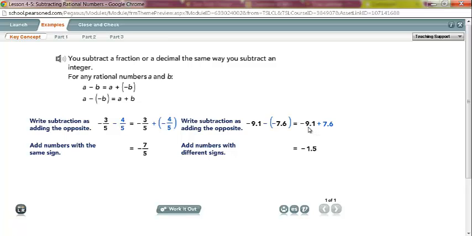That's right, 9.1. So we're going to keep the negative sign, so we bring that straight down. And then you're just looking for the difference between these two. So what is the difference? 1.5. So negative 1.5. Okay, make sure you pause if you need to write this down because these are great examples to write into your notes. I would be expecting to see this whole section here when I look.